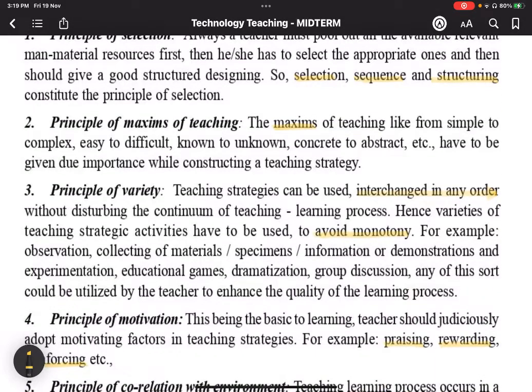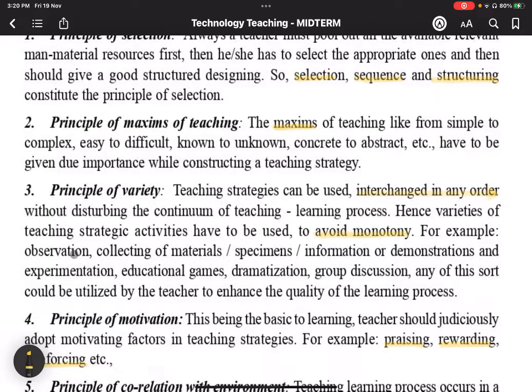No? Next, we have the principle of variety. To avoid monotony naman to, no? To avoid boring your students. No? You have to follow the principle of variety. Teaching strategies can be used or interchanged in any order without disturbing the continuum of teaching learning process. Okay, so dapat magkaroon ka ng variety, no? So, for example, observation, first day mo, okay, observation ang gagamitin mo.